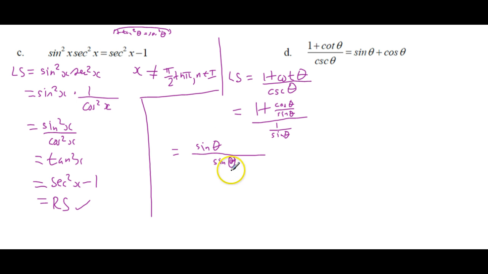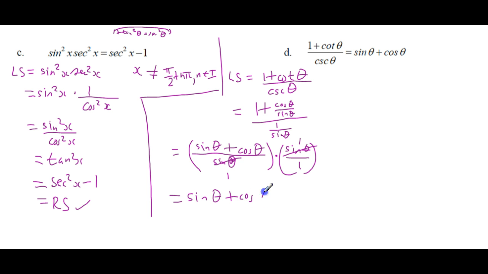Look, it's 1. Okay, and at the same time, let's bracket this. We can multiply this by the reciprocal of this. Oh, look, we're done. Hooray.